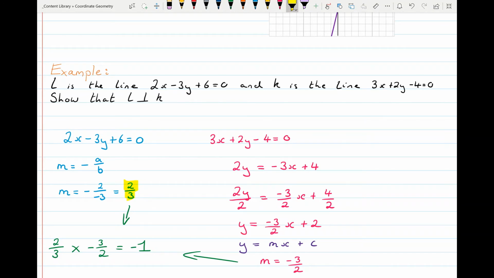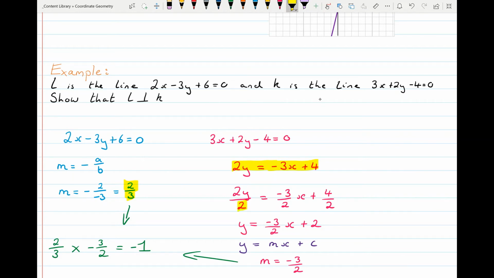And for my second line, I decided I'd use the form y equals mx plus c. So I rearranged it and brought the x's and the constant to the right hand side of the equals, giving me the equation 2y equals minus 3x plus 4. I don't want 2y. In order to be able to read off the slope and y-intercept, I need 1y.